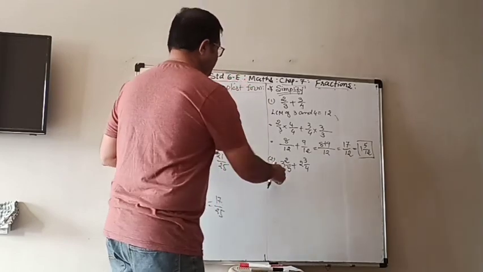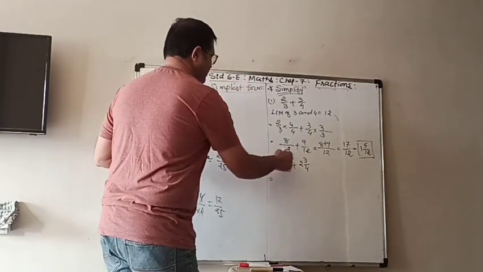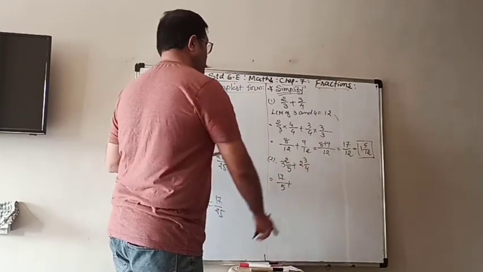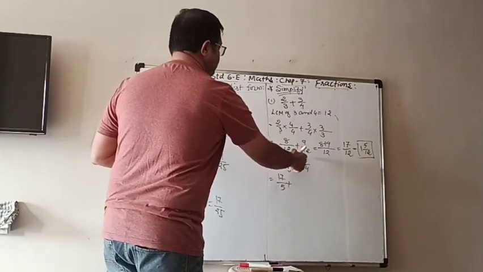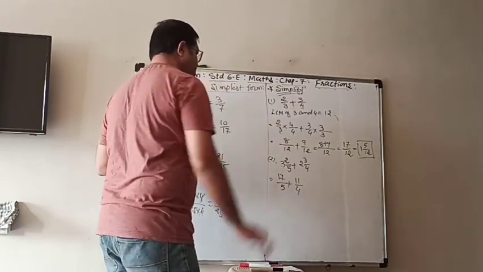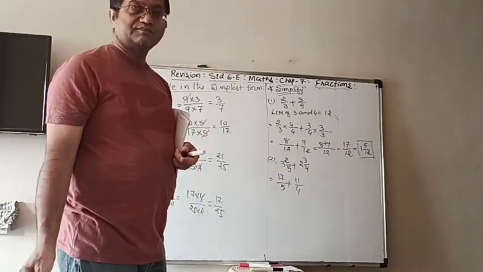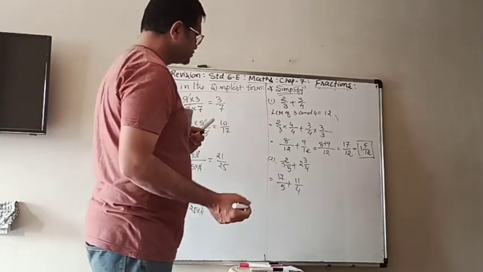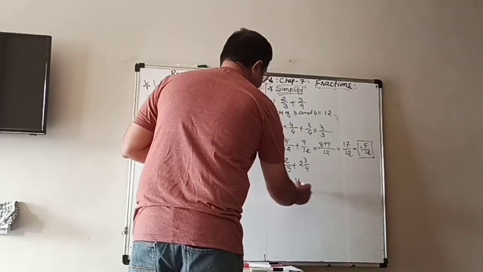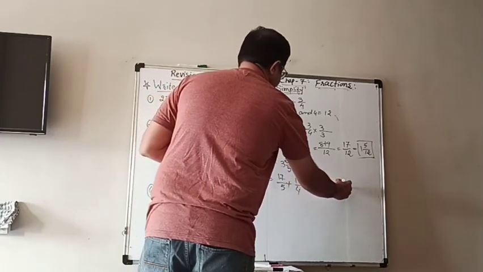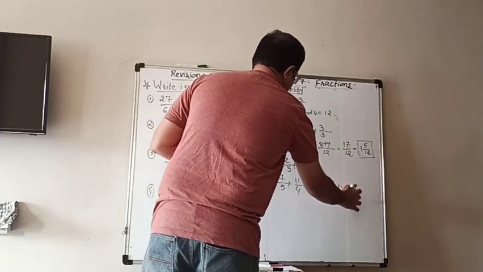So 3 5s are 15, 15 plus 2, 17. So 17 upon 5. 4 2s are 8, 8 plus 3, 11. Then you do the same thing. Find the LCM, convert them into equal denominators. So now the LCM of 5 and 4 is obviously 20.